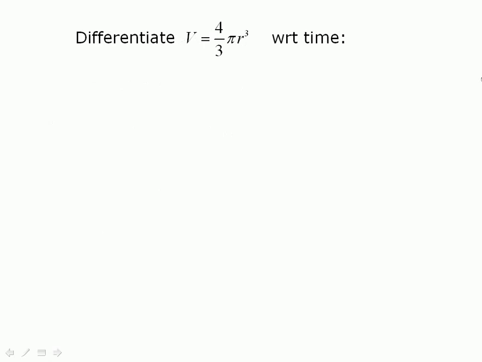But here's a simple illustration, same formula that we had before. So volume is equal to 4/3 pi r cubed. And we want to differentiate this with respect to time. So this really means that we're going to be using implicit differentiation, because we're taking the derivative with respect to a different variable.